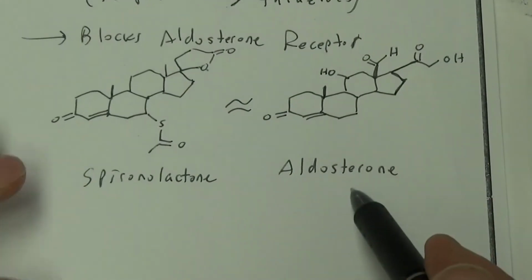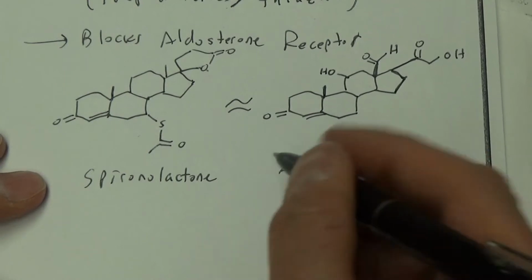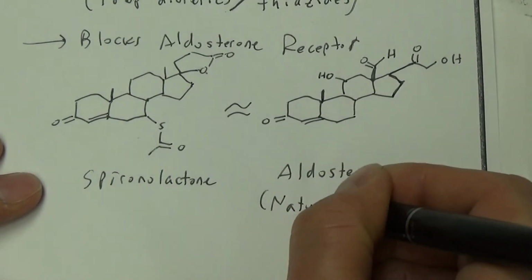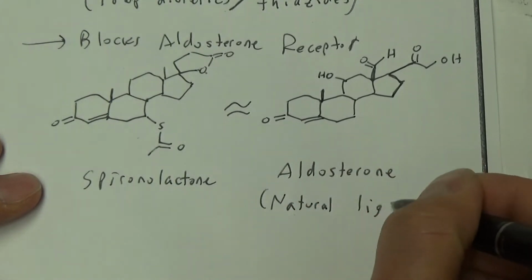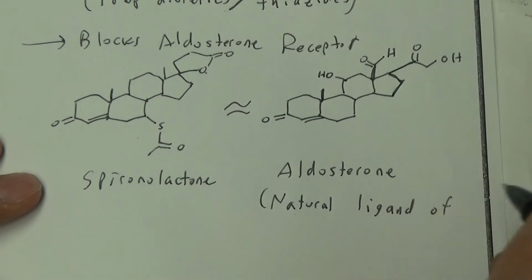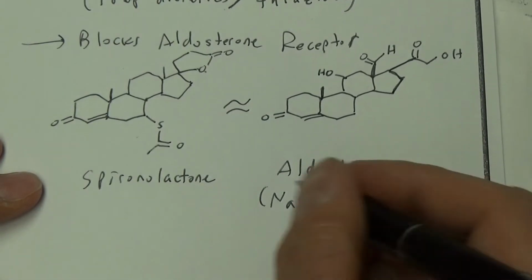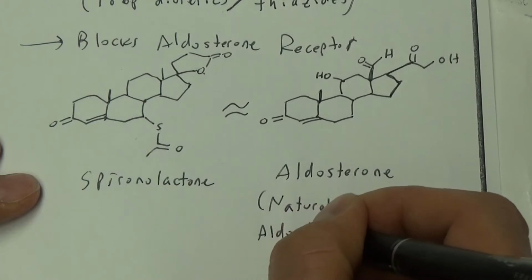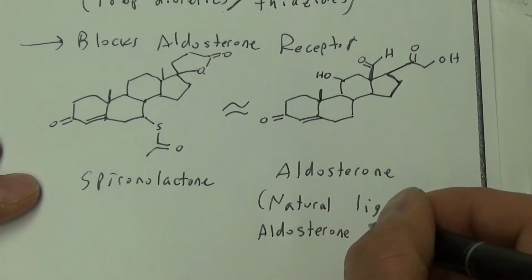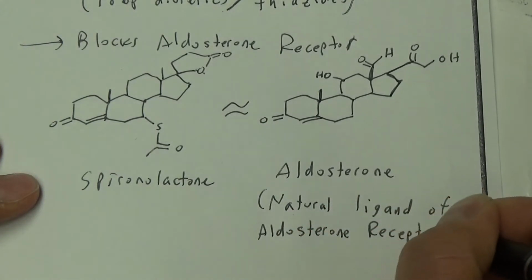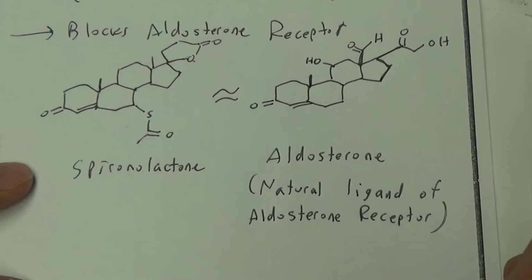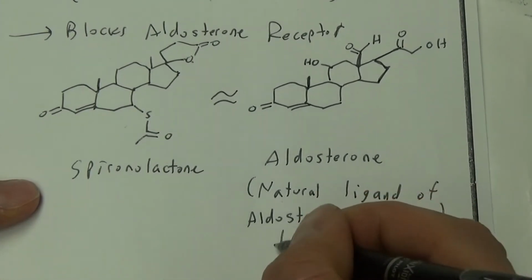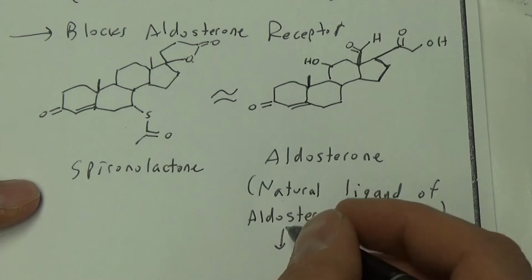Okay, so what does this do? What does aldosterone do again? It's the natural ligand of the aldosterone receptor. What it does is increase sodium absorption.